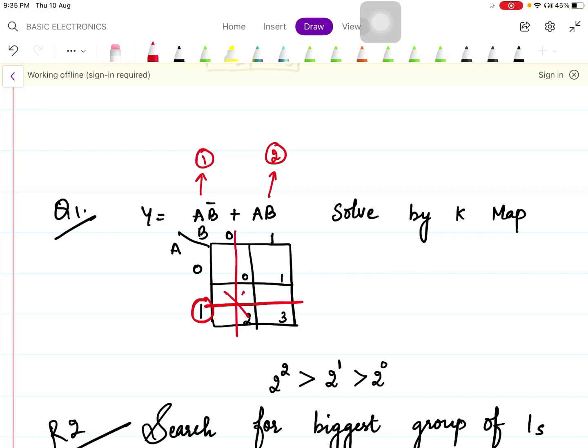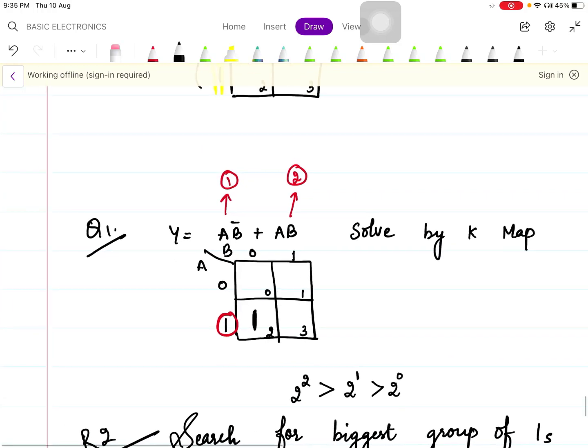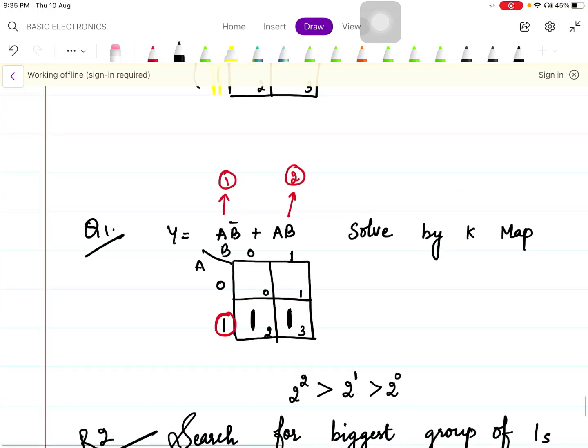So this particular cell is A B bar. So the first term indicates this cell, and in this cell I will fill 1. I hope it is clear to all. So let us fill 1 in this particular cell, that is cell number 2. Now AB in a similar manner will fall in this particular cell.